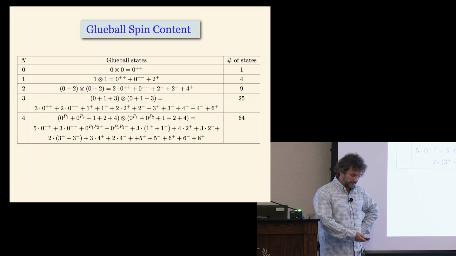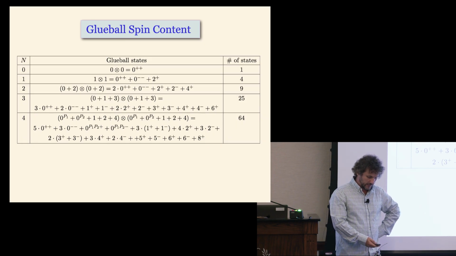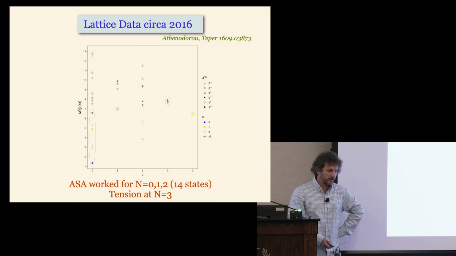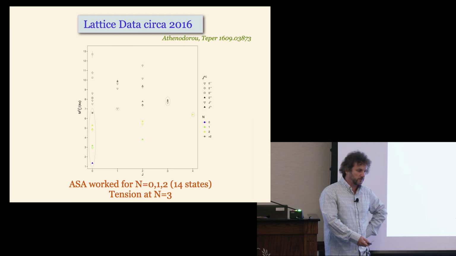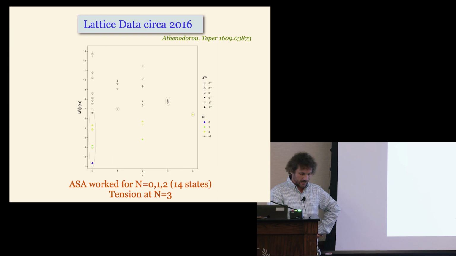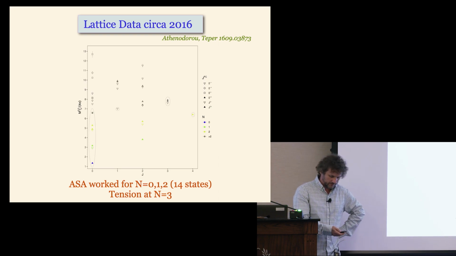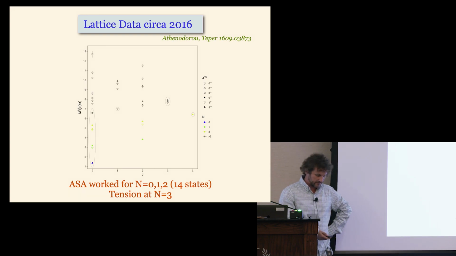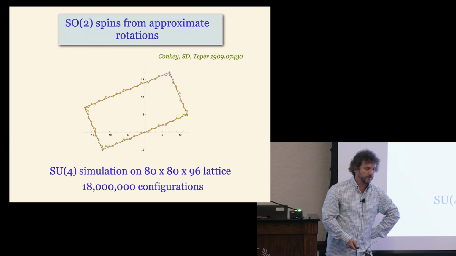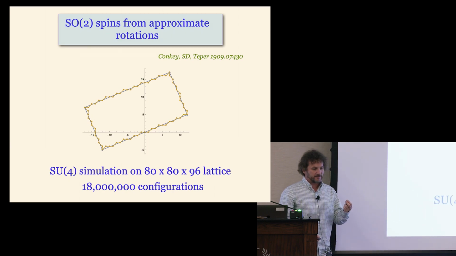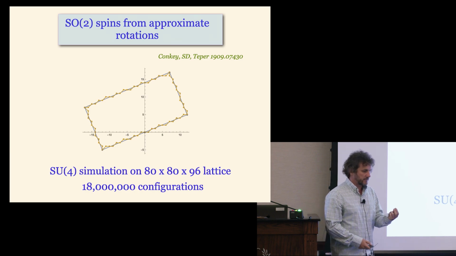So there was a clear tension. That was the situation back when this prediction came out: there was agreement for low-lying states, and there was some tension. So that was the motivation for obtaining this other set of lattice data, which I showed to you, namely to perform dedicated measurements of spin states of the glueball.